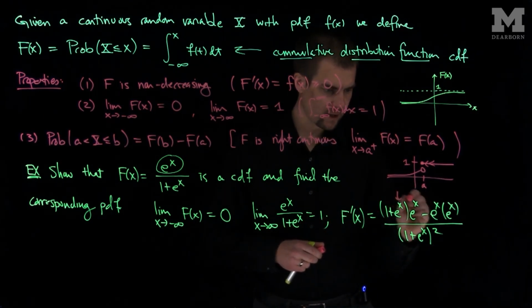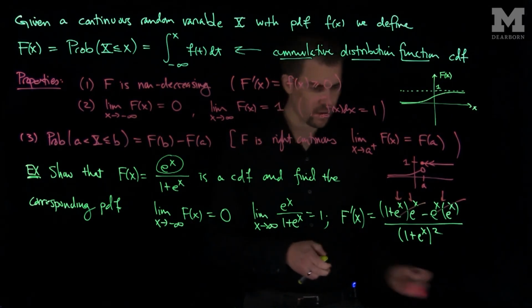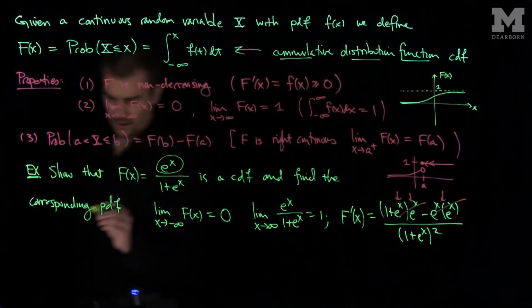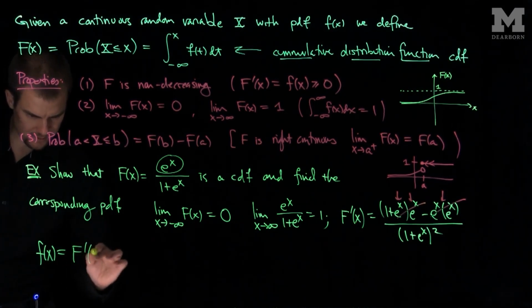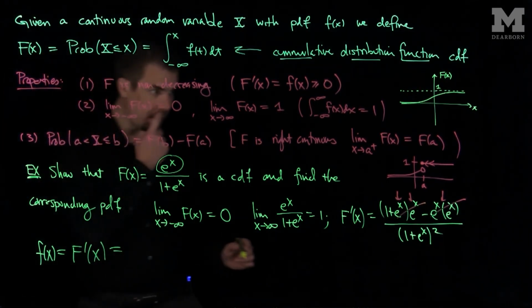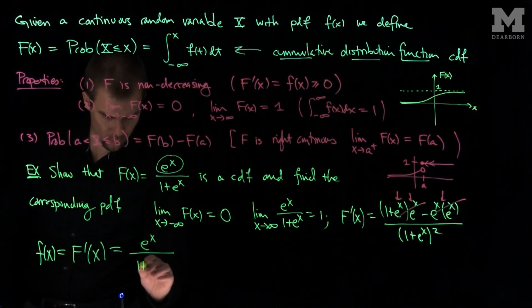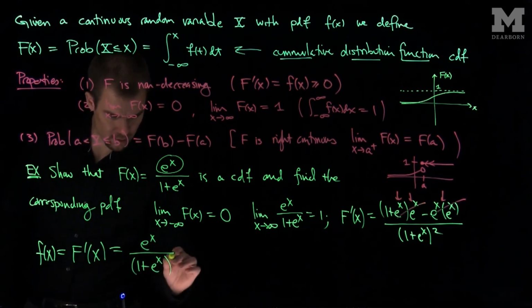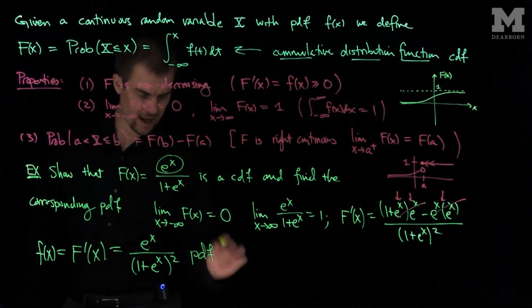So those are gone and that's gone. And so what we're left with is a function f of x, which we're denoting by F prime of x. And that is equal to just e to the x over 1 plus e to the x quantity squared. And this function over here is going to be the PDF of the random variable X.